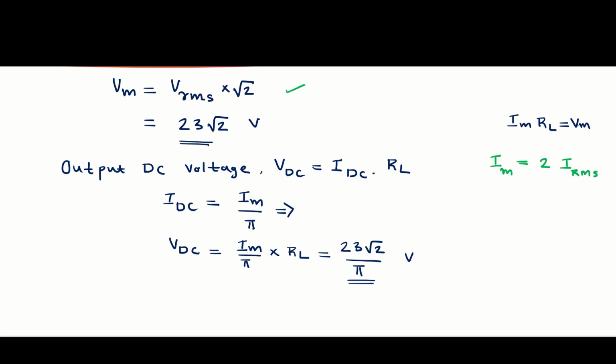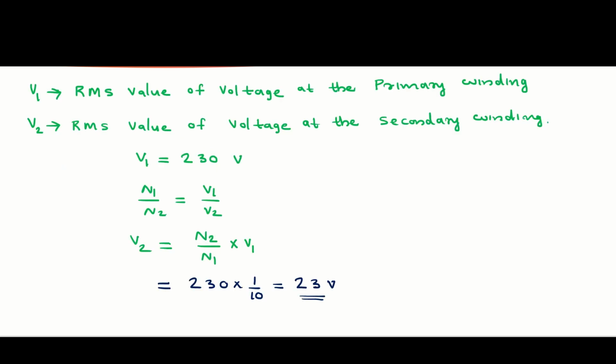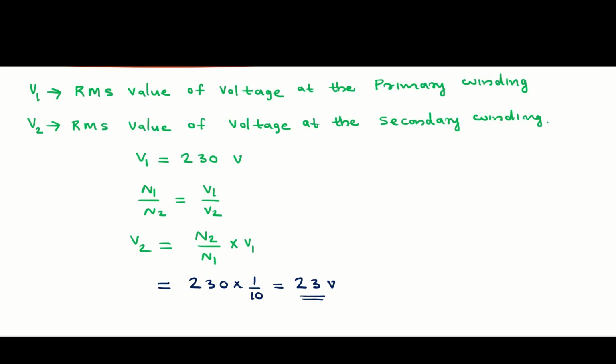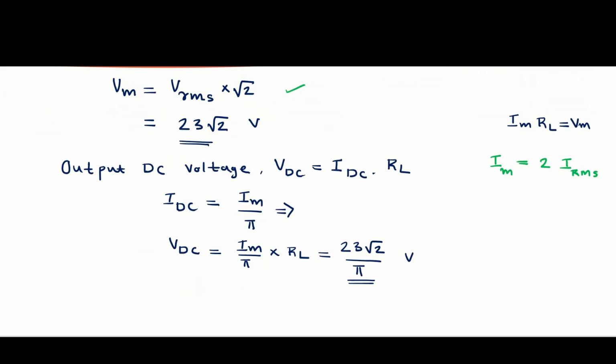But here I am using Vm is equal to Vrms into root 2, because going back to the circuit diagram, the voltage at the primary as well as secondary is a sinusoidal waveform. That is why I am taking Vrms equal to Vm divided by root 2.